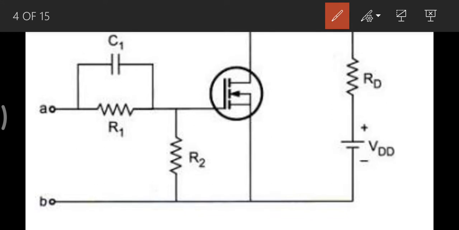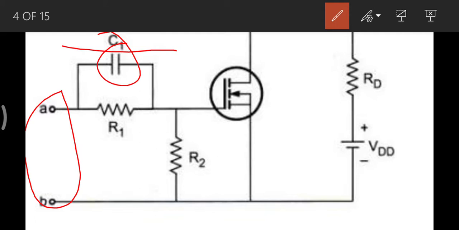The gate drive is applied across the terminals A and B. Initially the resistor R1 is bypassed by C1 and the full drive voltage is applied to the gate. That means initially this capacitor acts as a short circuit, so the entire current flows through the capacitor at the time of starting.